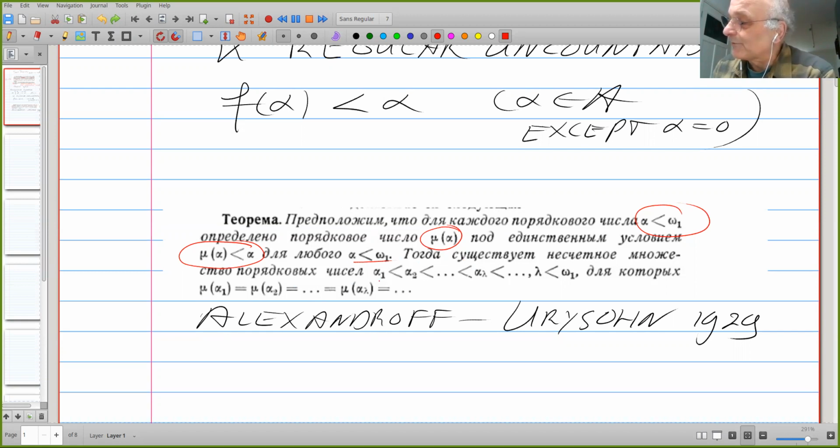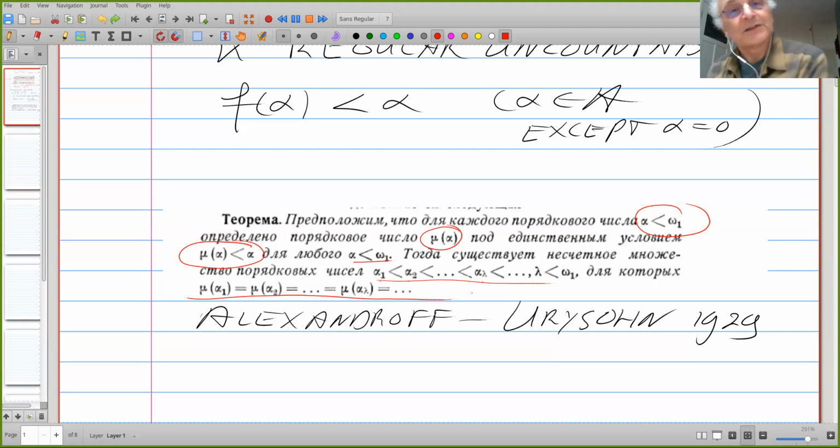It says, well, there are alpha 1, alpha 2, alpha lambda, lambda less than omega 1. So omega 1 many alphas. And what do the alphas have in common? Their function values are the same. So this is a special case of what Bloch defined already.